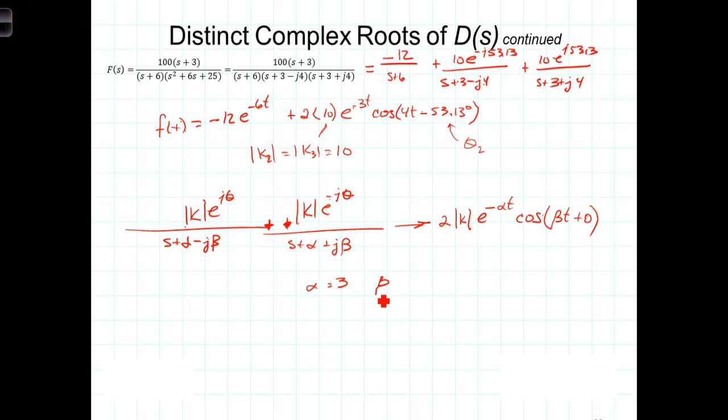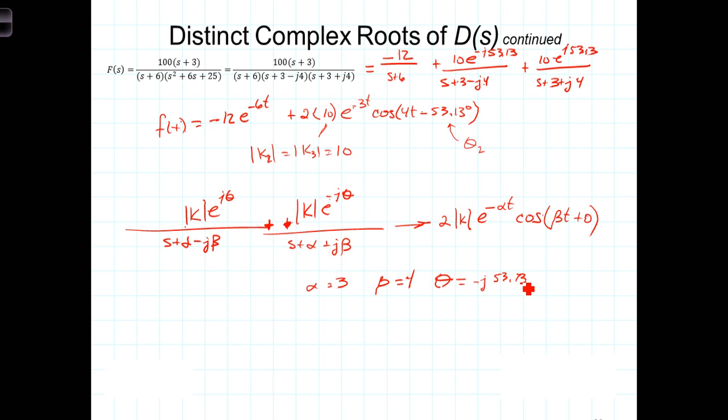Beta is equal to, in this case, 4, and then theta is the angle associated with the positive root, or this term here. In this case, it equals negative j 53.13.